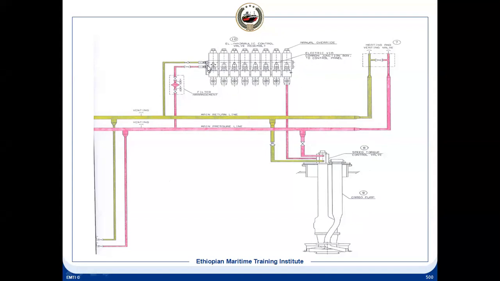And that proportional control valve will decide how much will be the flow here. So accordingly, the STC valve will move the spool, and accordingly it will throttle. This is also an STC valve, also a proportional control valve.